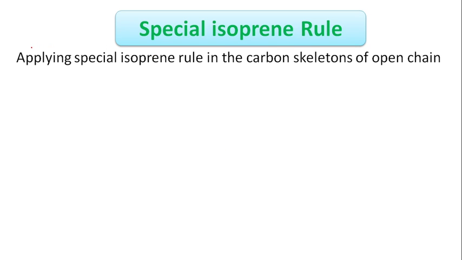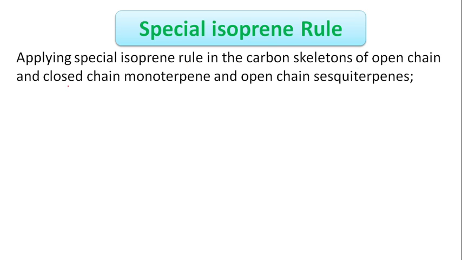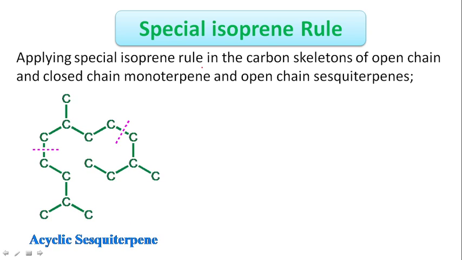And one more important thing about this isoprene rule: applying special isoprene rule in the carbon skeletons of open chain and closed chain monoterpene and open chain sesquiterpene. Let's see if we try to apply the special isoprene rule, can we get the head to tail attachment or not?